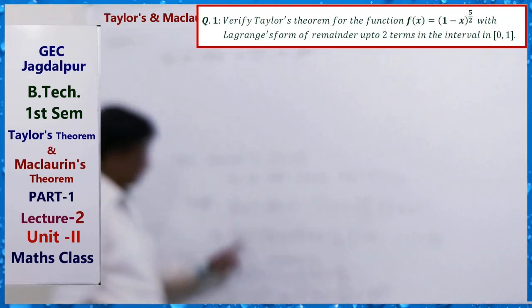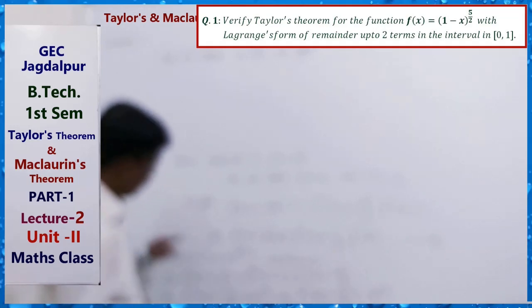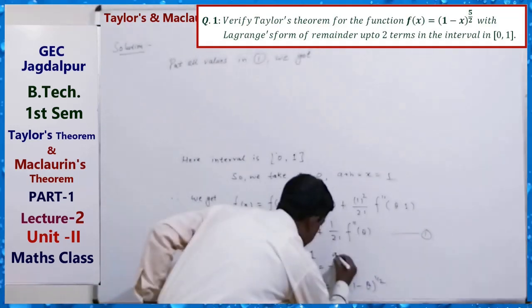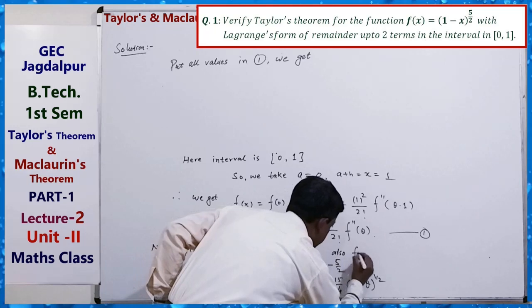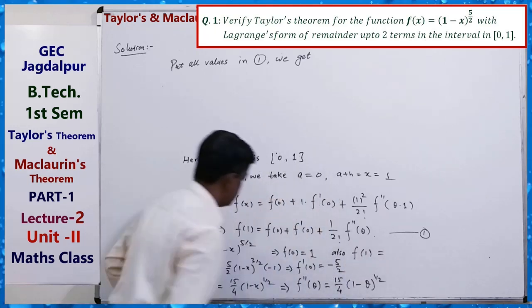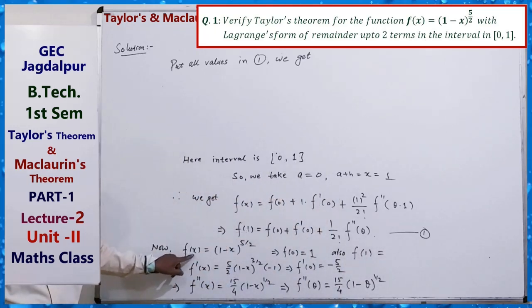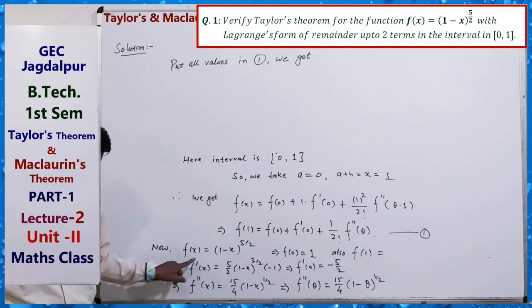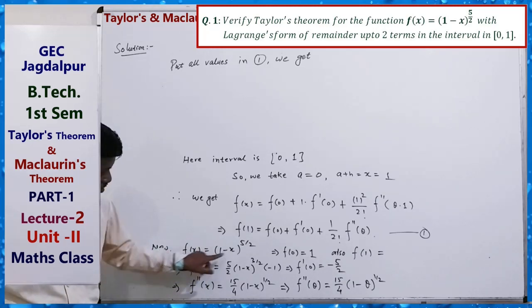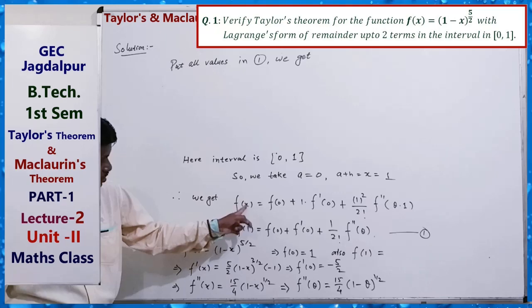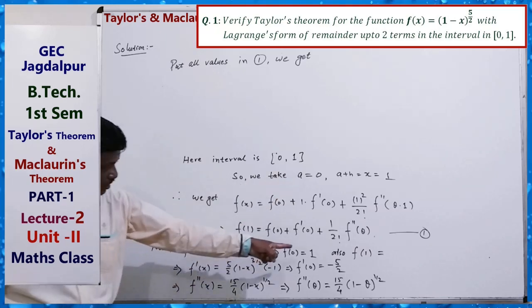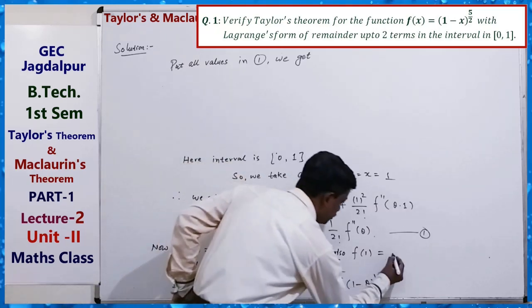So f(1) is also required. X equals 1, so f(1) equals 0.